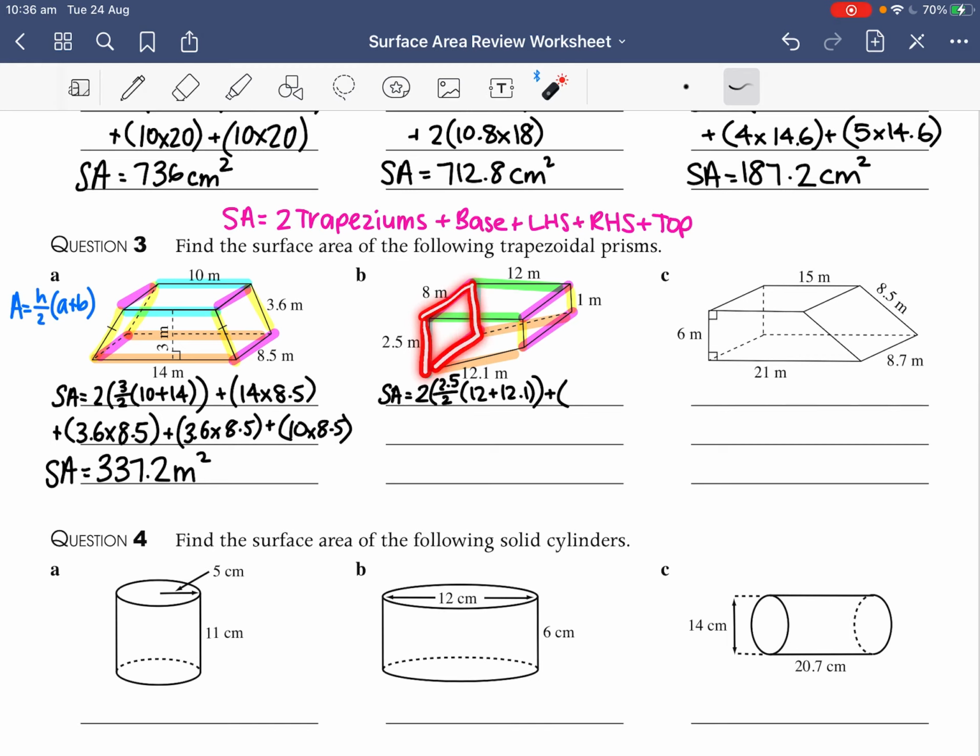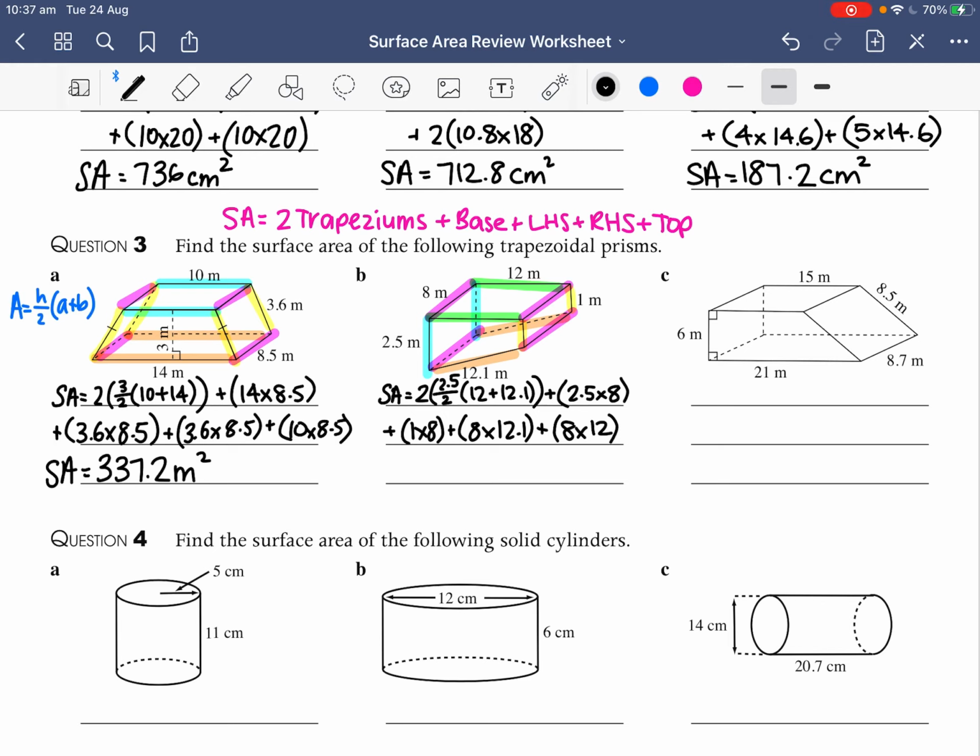Now our left hand side is 2.5 times 8, plus our right hand side, which is 1 times 8, plus our base, which is 8 times 12.1, plus our top, which is 8 times 12.